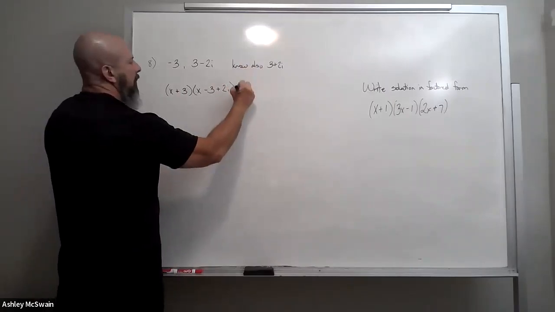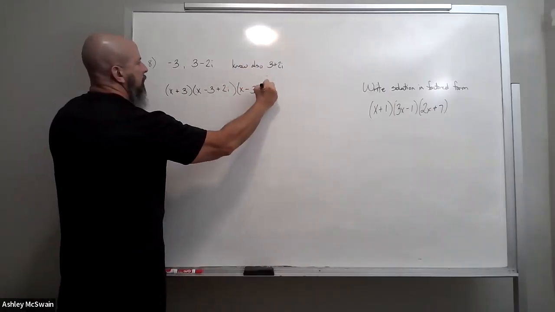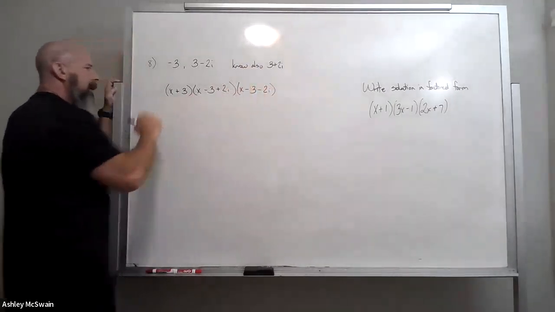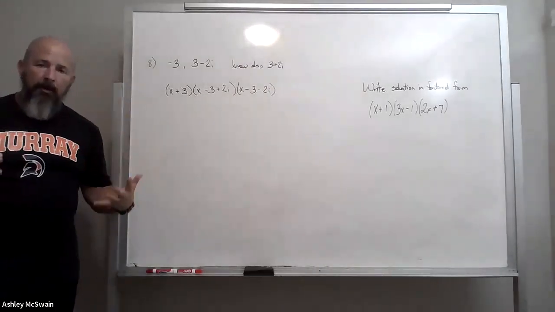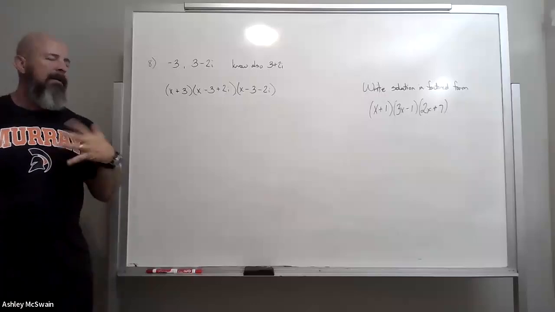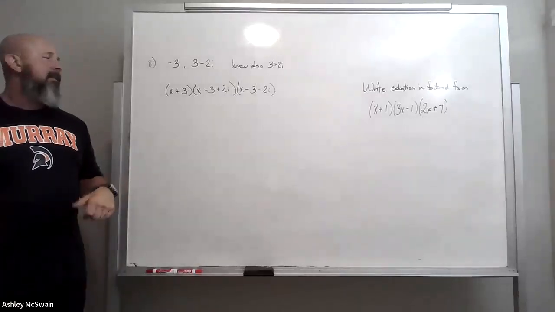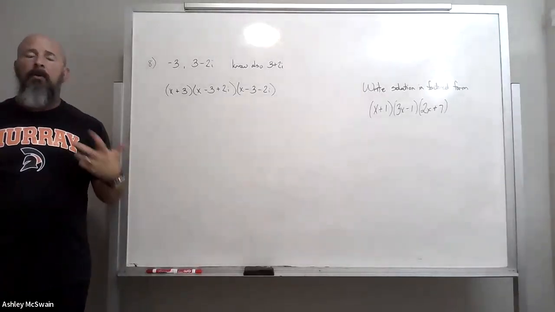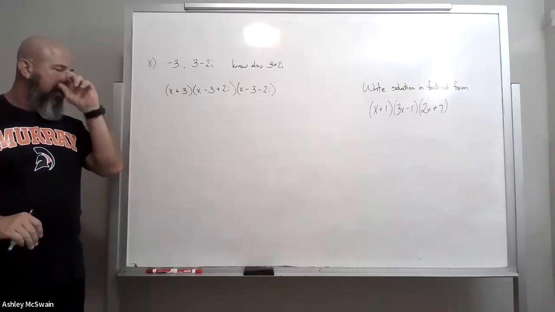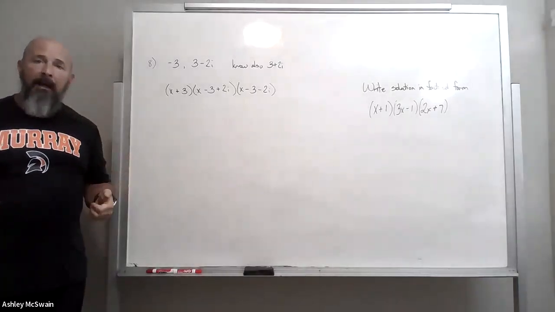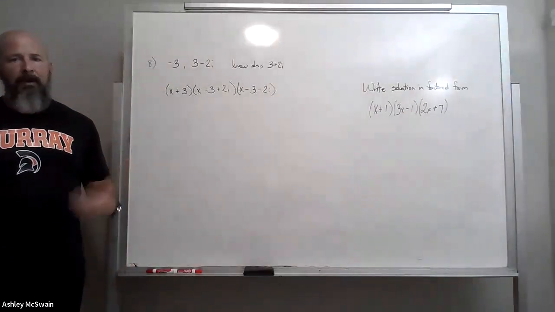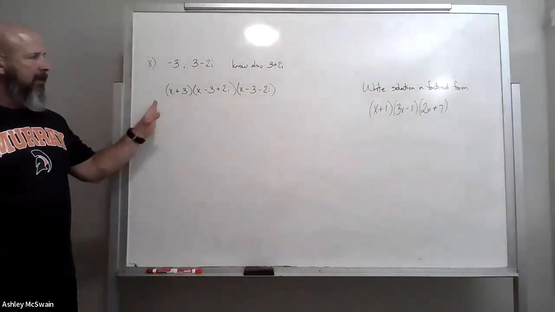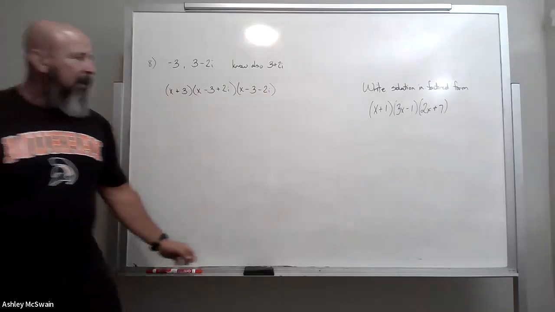And 3 plus 2i comes from x minus 3 minus 2i. We've got to make sure we get that set up right. All the multiplying, I'm not going to say it's easy. It is definitely very tedious, but multiplying is something you've done many times. If we don't have the setup right, it doesn't matter how good we are at multiplying, we're not going to end up with the right answer. So I've got to make sure I get the setup right.